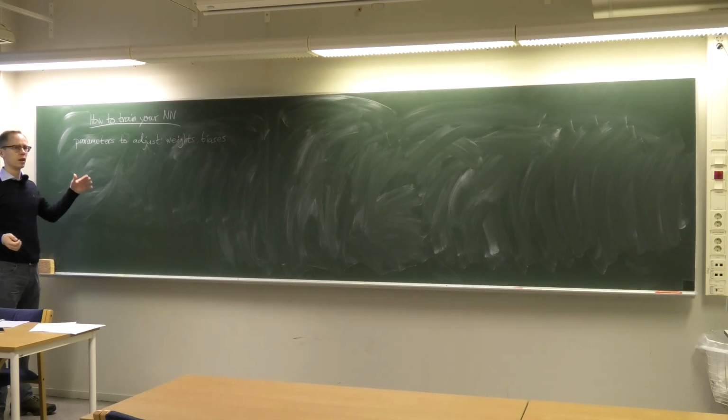And we have some input, and that gives us some output for these certain parameters, and then we want to adjust these parameters to get the output closer to what we actually want.